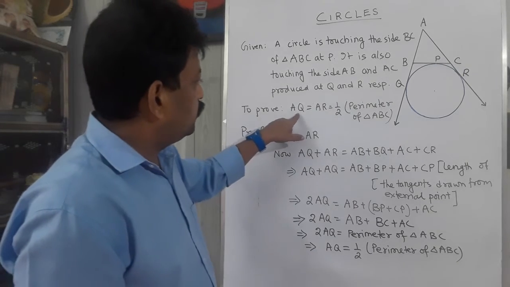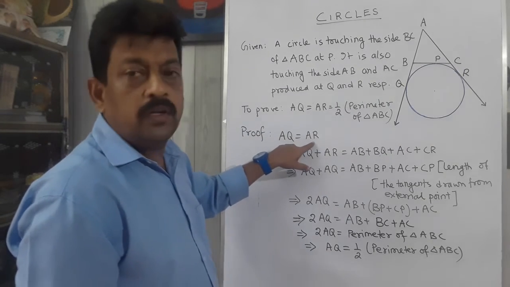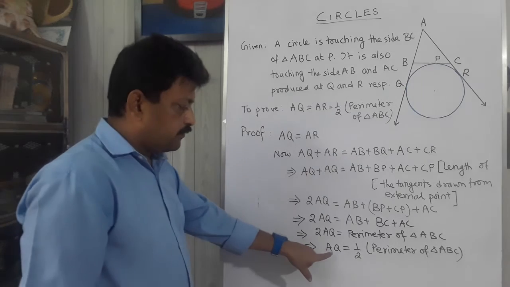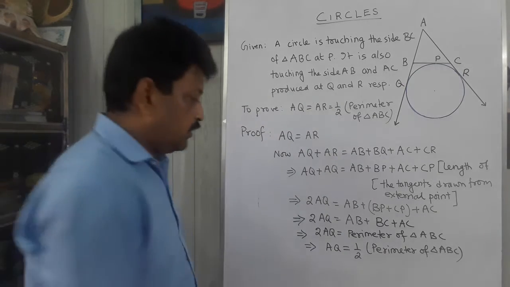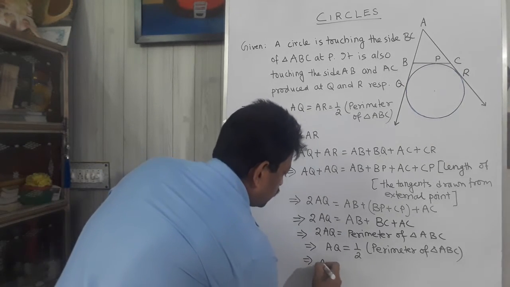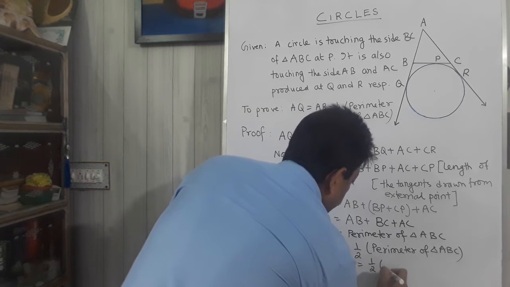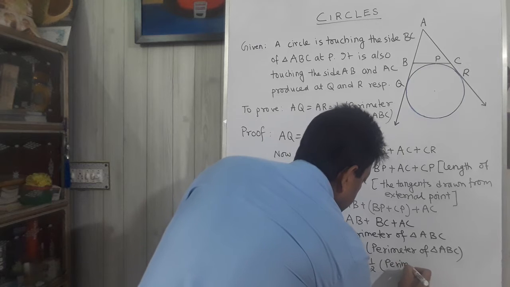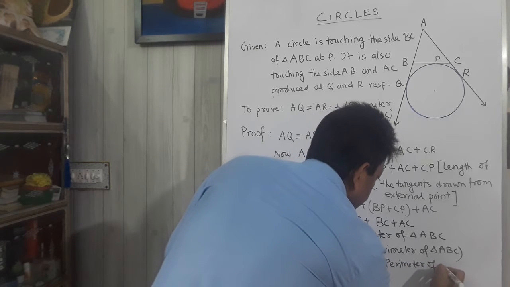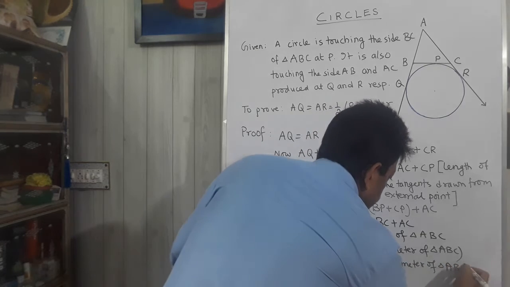Now since AQ and AR are equal, in place of AQ, I can also write AR. Therefore we can say that AQ equals AR equals half perimeter of triangle ABC. So it is proved.